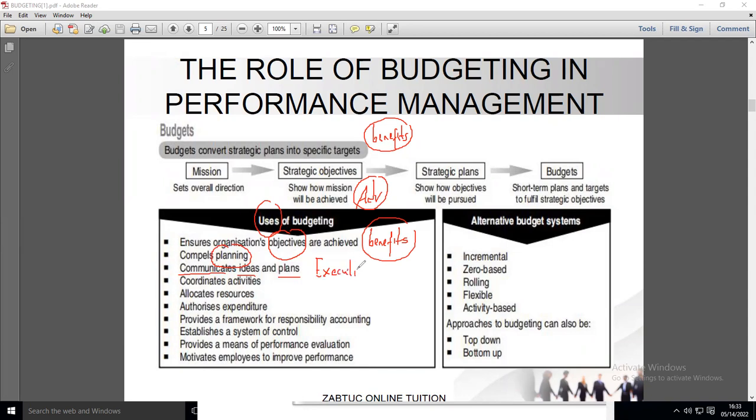So an approved budget helps as a tool for communication. Orderliness is very important to ensure that the resources are used effectively. So for resources to be used effectively, orderliness is important, and the budget can help to coordinate activities.